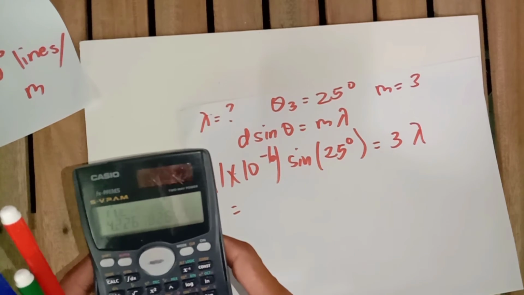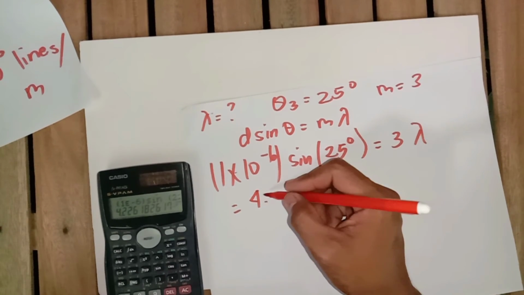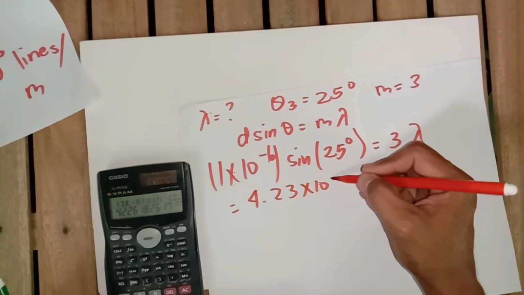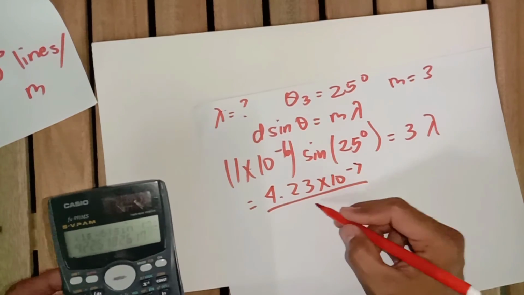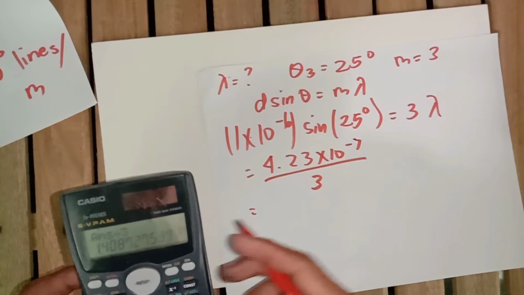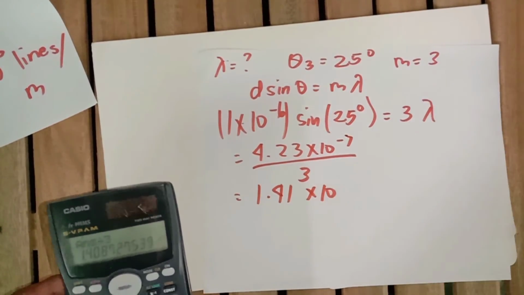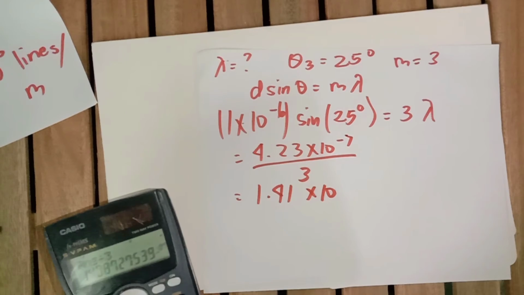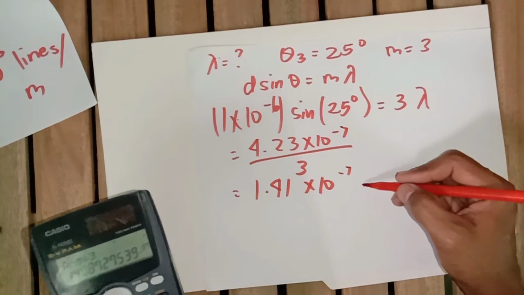Okay, equals 0.423 times 10 raised to negative 6. We have to divide by 3, which is equal to 1.41 times 10 raised to negative 7 meters.